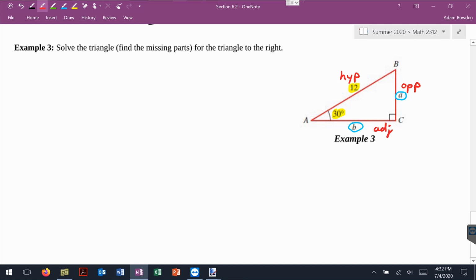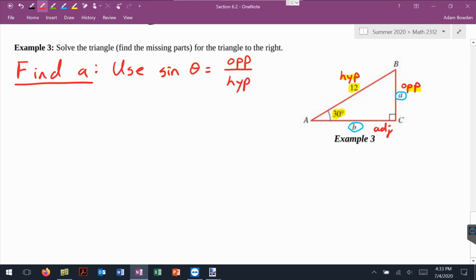And so let's start out by trying to find side A. To find the side A, I need to identify which trig function would be appropriate here. In this case, I have the hypotenuse, and I'm going to be looking at the opposite with that. So what we're going to use is the sine of theta, which is again opposite over hypotenuse.